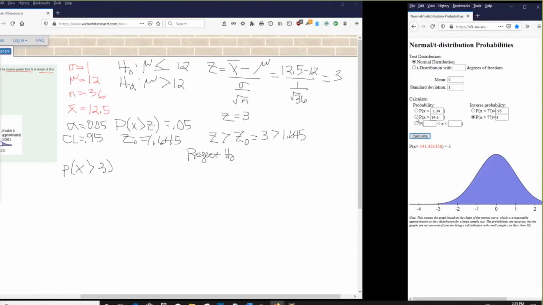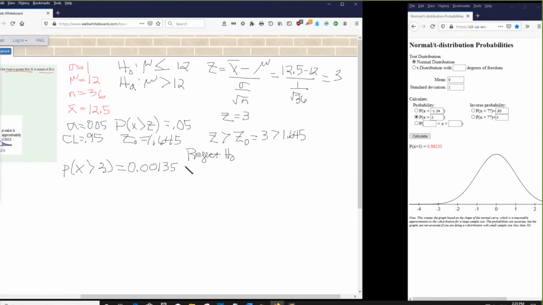Oops, this is the other one. Probability x is greater than 3, because I'm coming back here. Before I was looking at the percentage. Now I'm looking for the z as an actual point, so that's why I'm using this one. And this tells me that my probability is going to equal 0.00135.